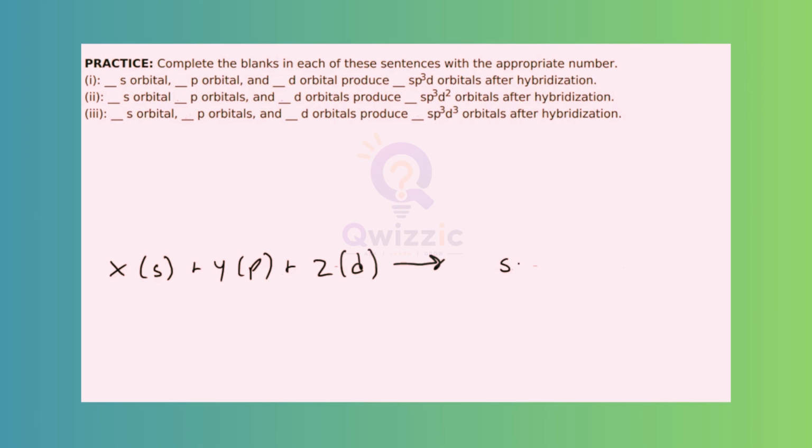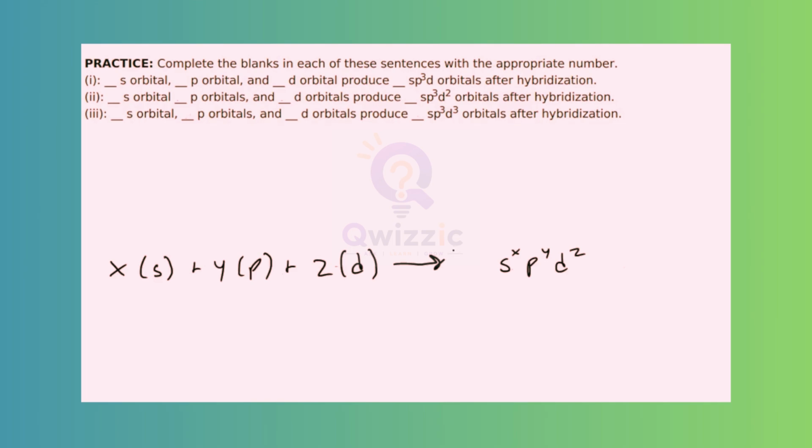The amount of each individual orbital is going to correspond directly to our coefficient, right? So each individual hybrid orbital is going to have x amount of s orbitals, y amount of p orbitals, and z amount of d orbitals within it.